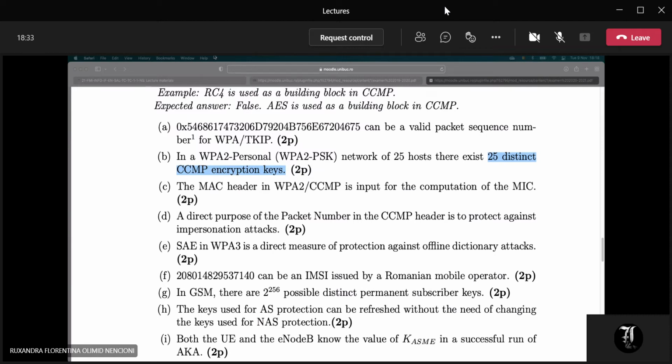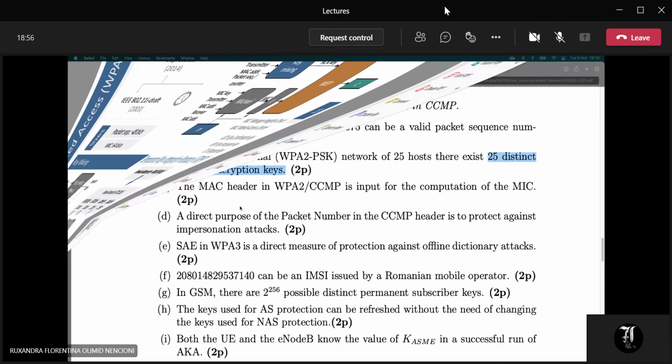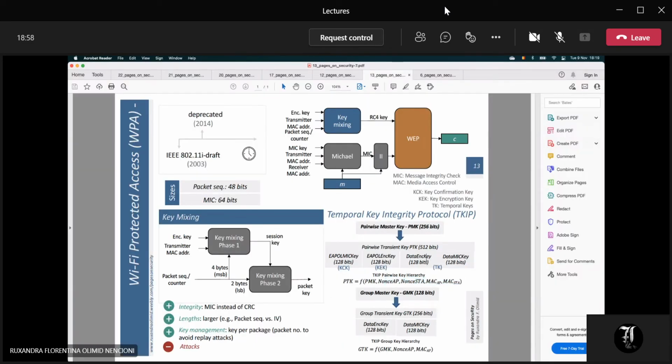So in this case, when we are asked about encryption keys, encryption key means not the pairwise master key, but the encryption keys that are derived from it and part of the pairwise transient key. Yes, because the encryption key is the one that I was using for encryption.